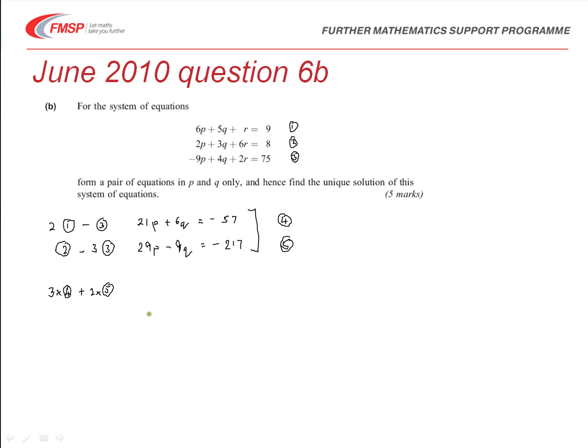So we get 3 times 21 is 63, 2 times 29 is 58, so that makes 121p equals, and if we do the same there, we're going to get 3 times that is 171 and 2 times that is 434, my apologies, and that makes a total of negative 605.